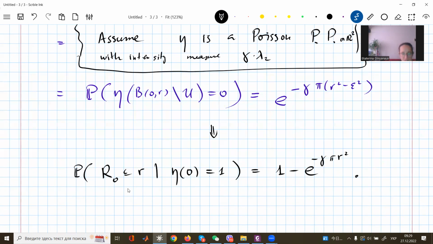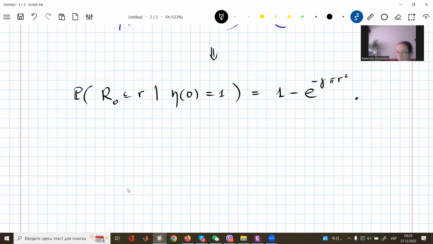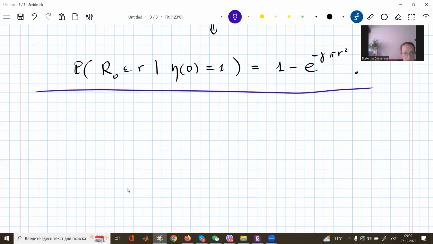The definition of the conditional distribution of a point process, with the condition that at a specific point x we have a point. Such distributions are called Palm probabilities or Palm distributions. So this is how we can try to define them.